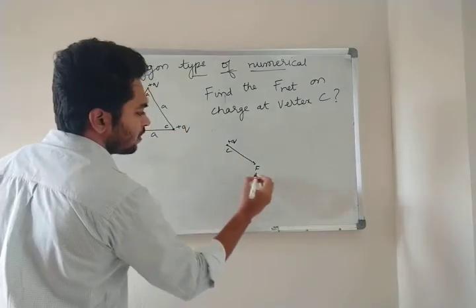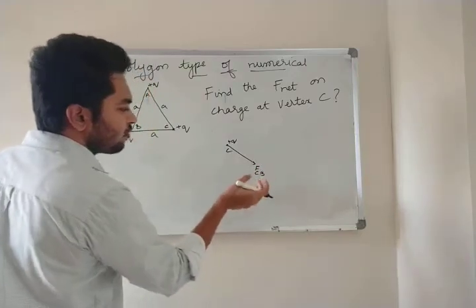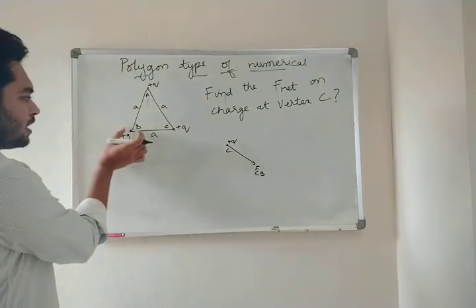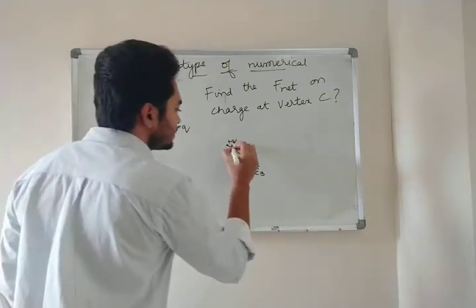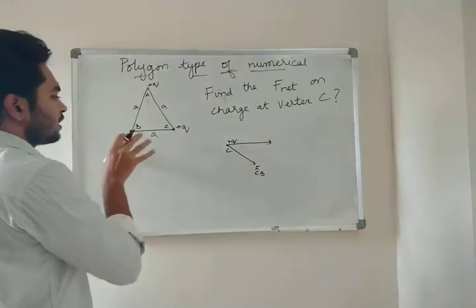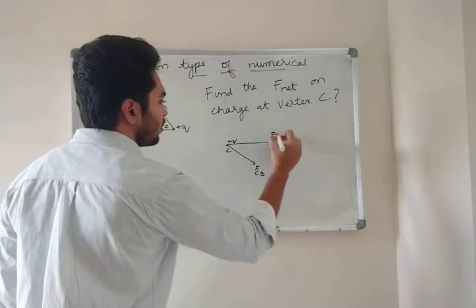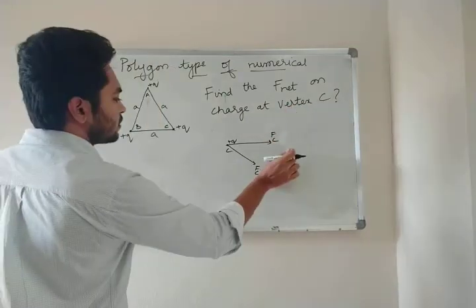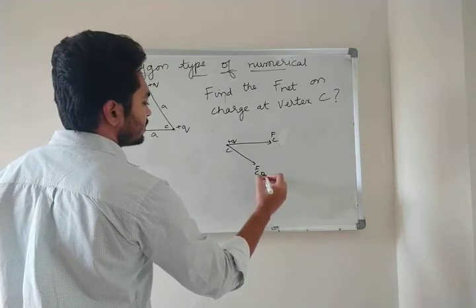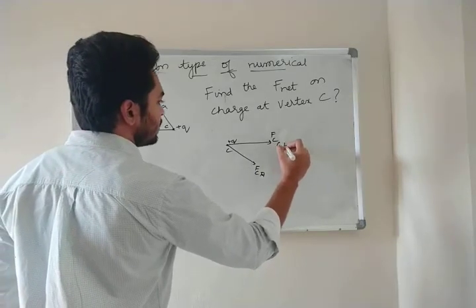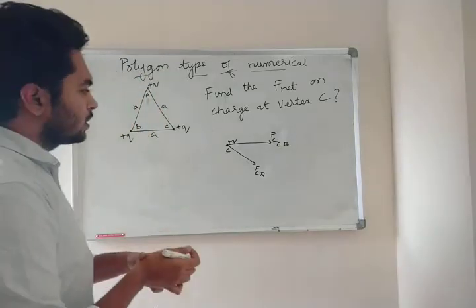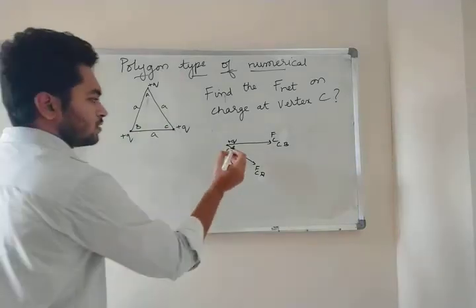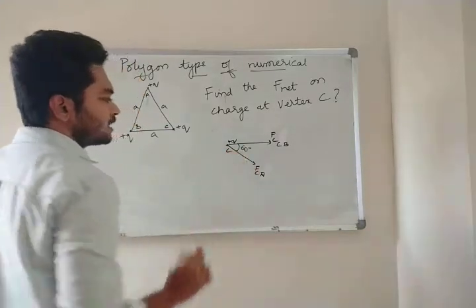That is FCB, force on C by B. Now what is the angle? If all of these angles are 60 degrees, this angle is also 60 degrees.